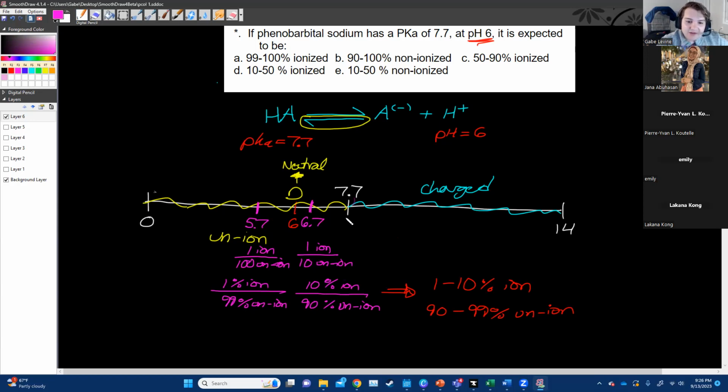We know that as we move towards this pH, as we move towards the left, we get a more neutral molecule. Remember that neutral is the same thing as unionized, non-ionized, uncharged.